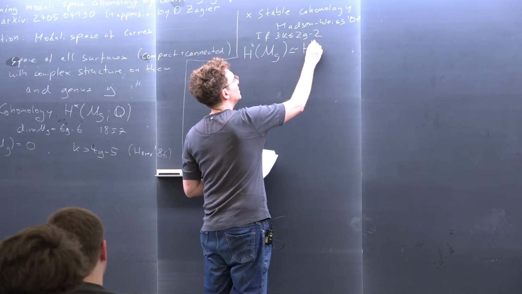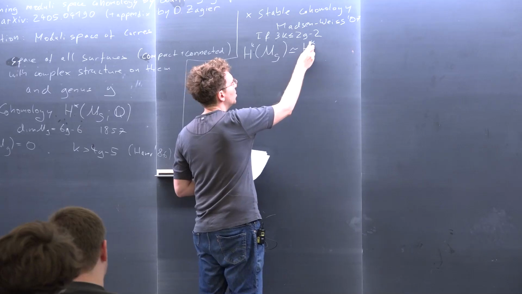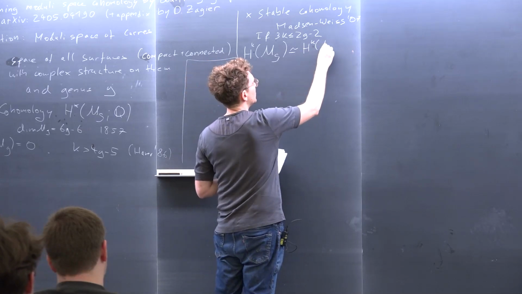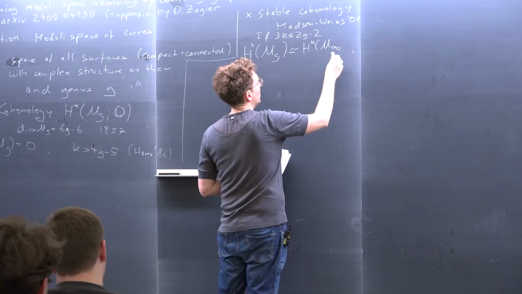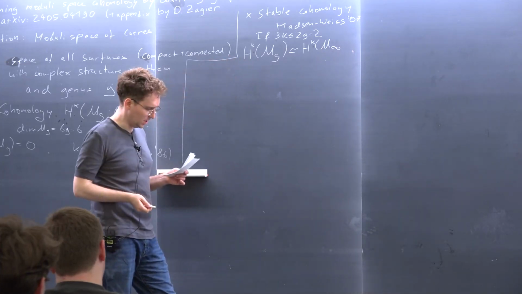So we can replace these k cohomology groups or vector spaces with a placeholder for g to infinity.